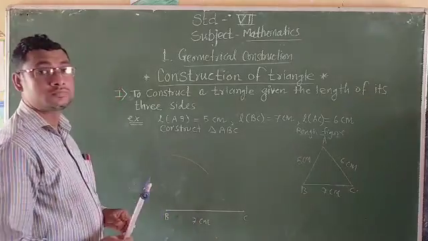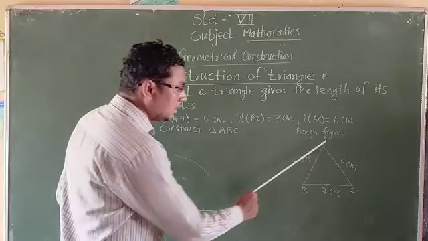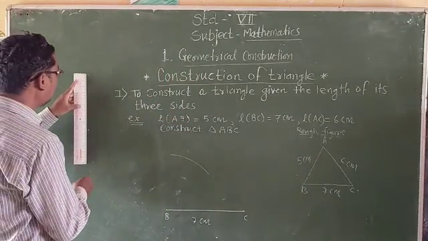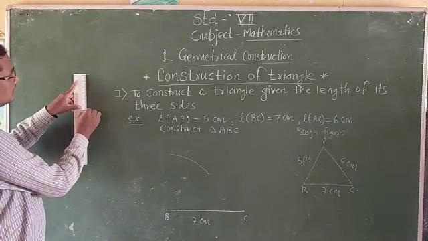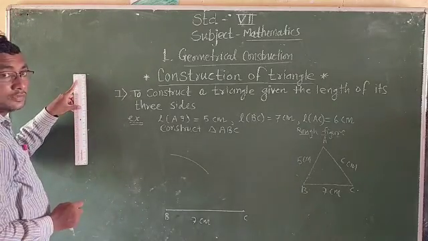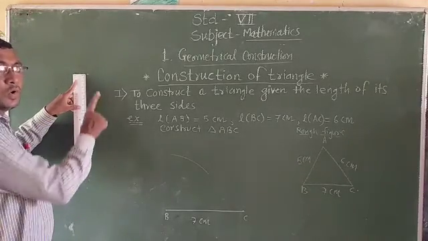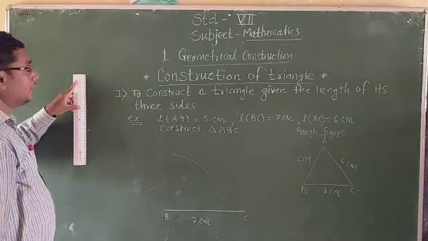Now what is the AC? AC is 6 centimeter. In a similar way you have to take, count it 0 1 2 3 4 5 6. This is the 6. So by using scale you measure correctly and put the compass on that point.